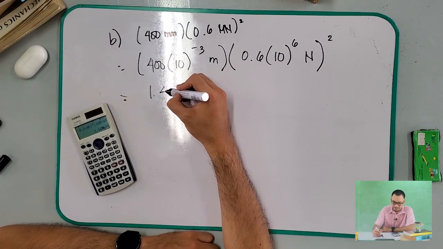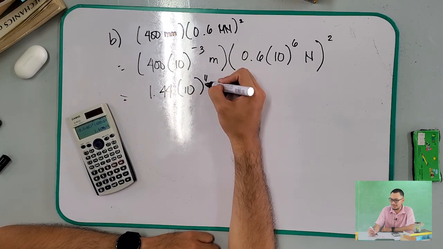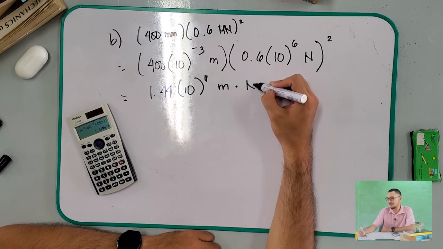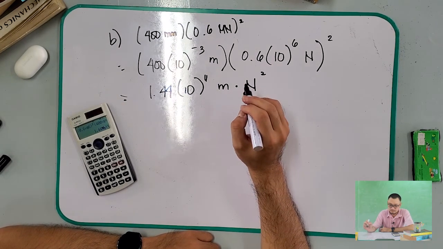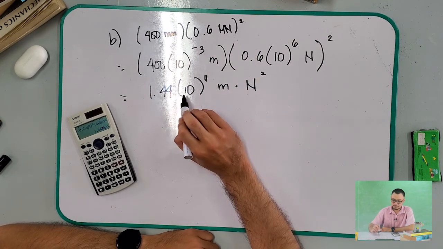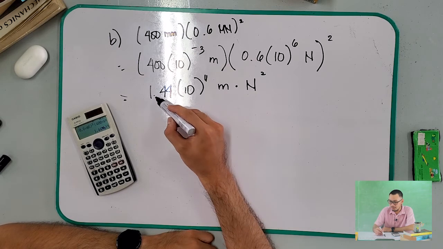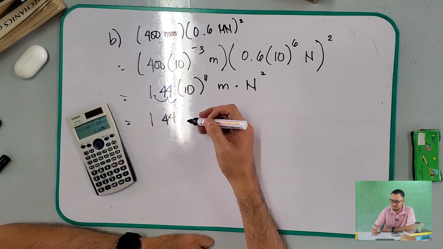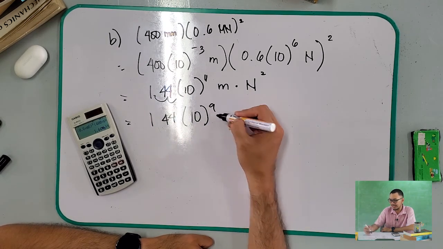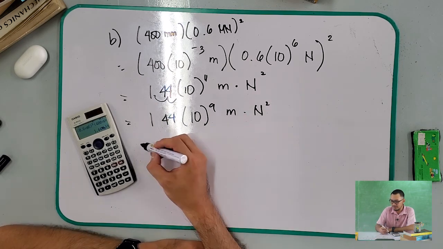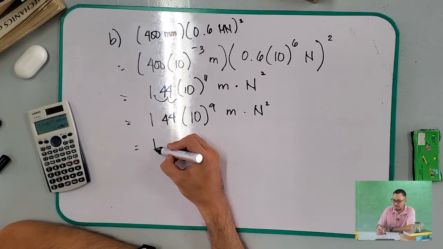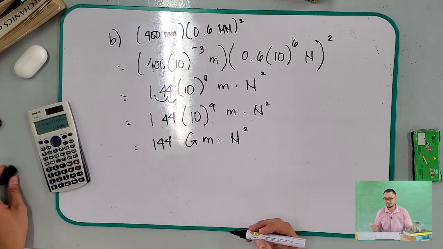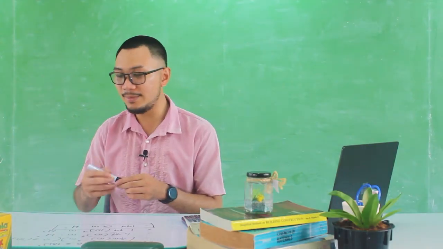The answer is 1.44 times 10 to the power of 11, meters times newton squared. Since it is 11, we shift it by two to make it 144 times 10 to the 9th meter newton squared, or finally you have 144 gigameter newton squared. So this is the answer of the second problem.